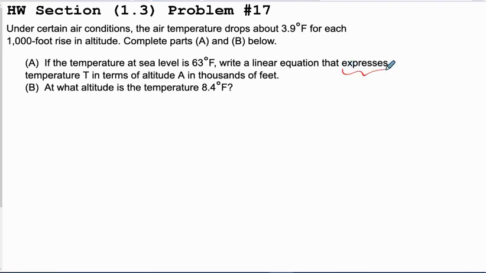So it expresses means output, temperature, so the output is T, that's like our Y variable. So Y goes to T. In terms of, the phrase in terms of means your input.